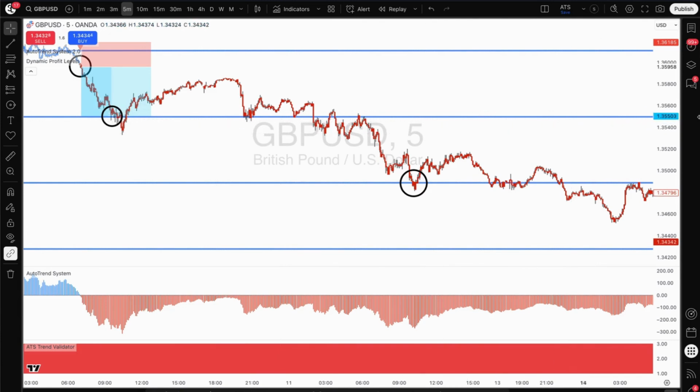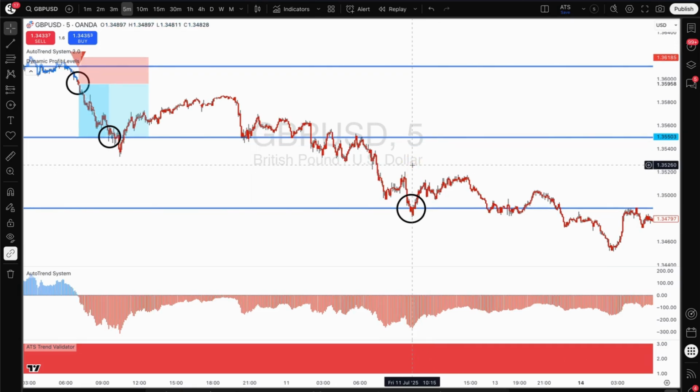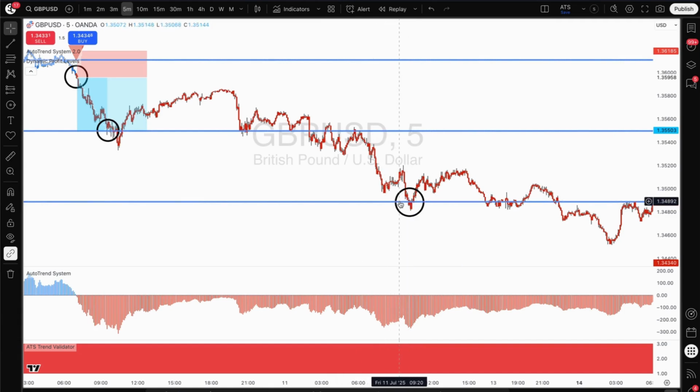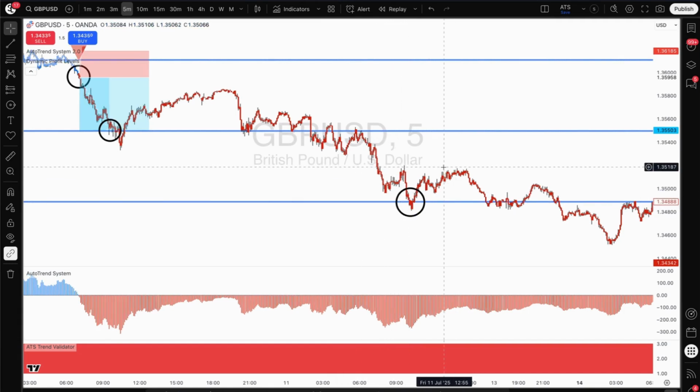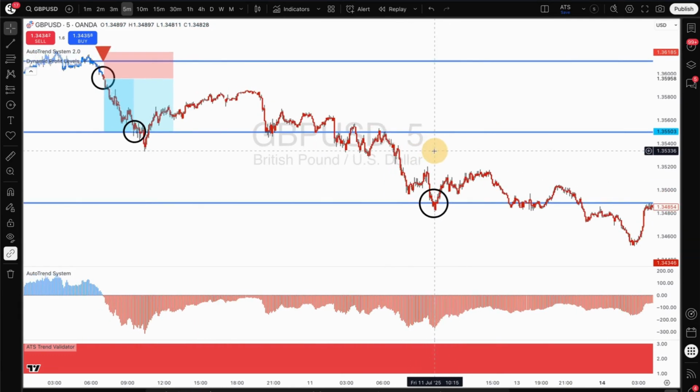These are calculated by the algorithm based on the volatility of the instrument that you're trading, and they can be very, very powerful support and resistance levels, and that's why we use them as profit targets, because we know that they have the power to reverse price once price hits them. That's why I like to use them as my profit targets.